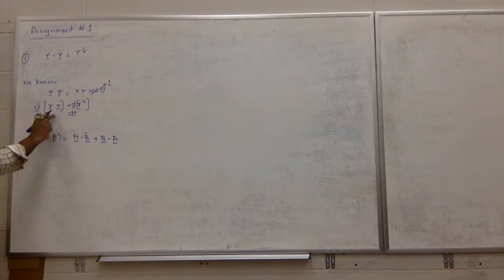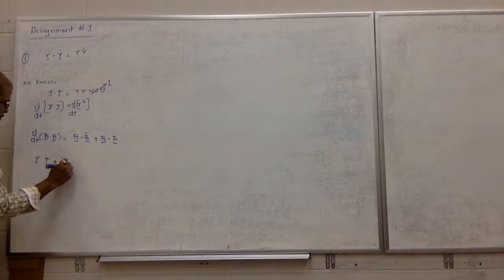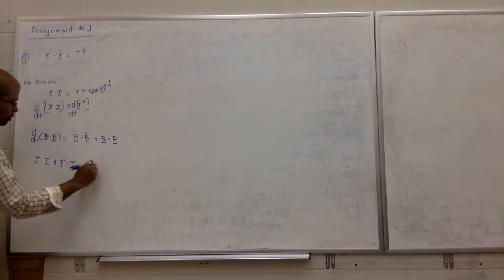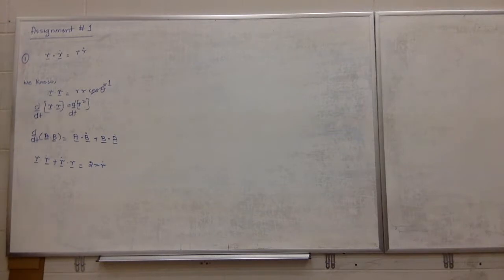We apply this to the left hand side. It will be r dotted with r dot plus r dot dotted with r, and the right hand side would be 2r r dot. You can write it the other way as well.